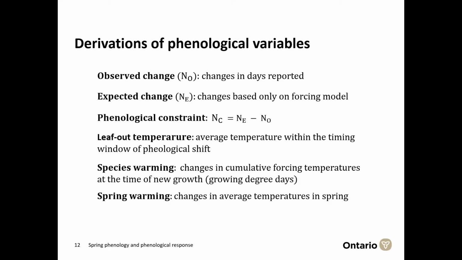As seen earlier, leaf-out temperature is the average temperature within a window of phenological shift. And species warming is the change in cumulative forcing temperatures accumulated at the time of new growth, reflecting the total warming received by individual species at the time of new growth. And spring warming is just the average temperature change in spring.